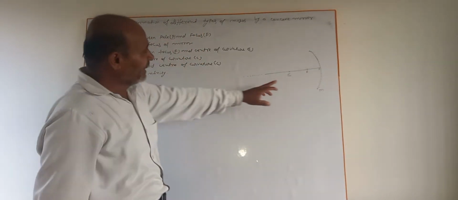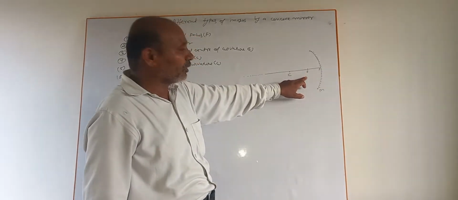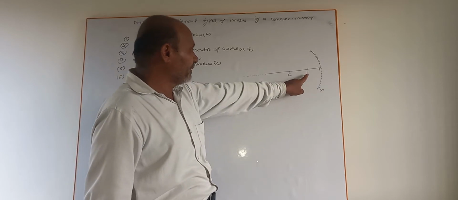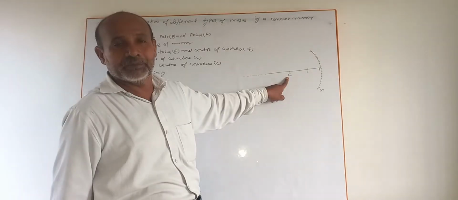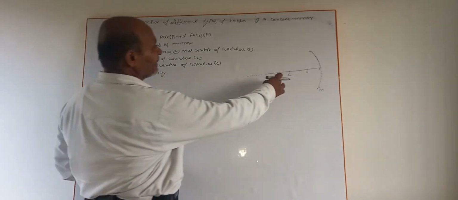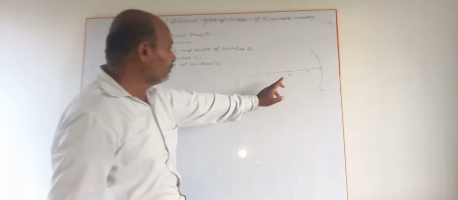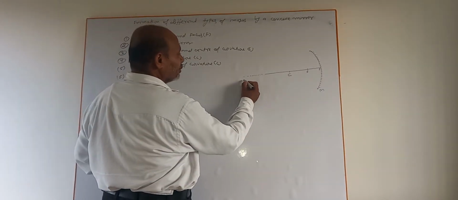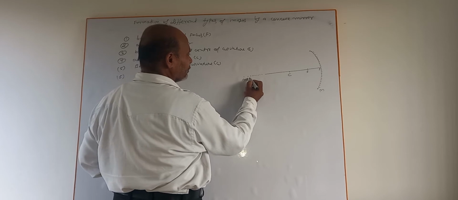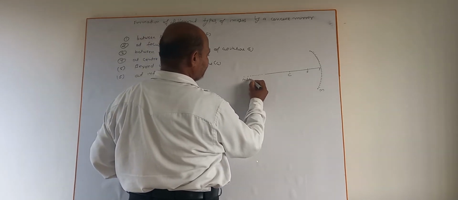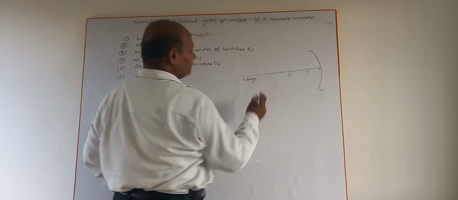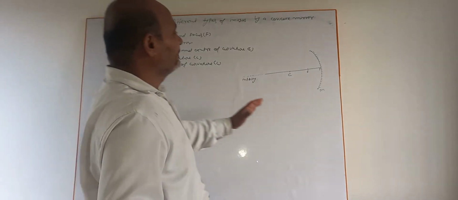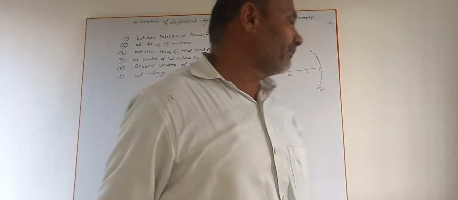Case second, we can place the object at focus. We can also place the object between focus and center of curvature. Fourth, at center of curvature. Fifth, beyond center of curvature, and at infinity. This symbol shows infinity. These are the positions where we can place the object to get different types of images.